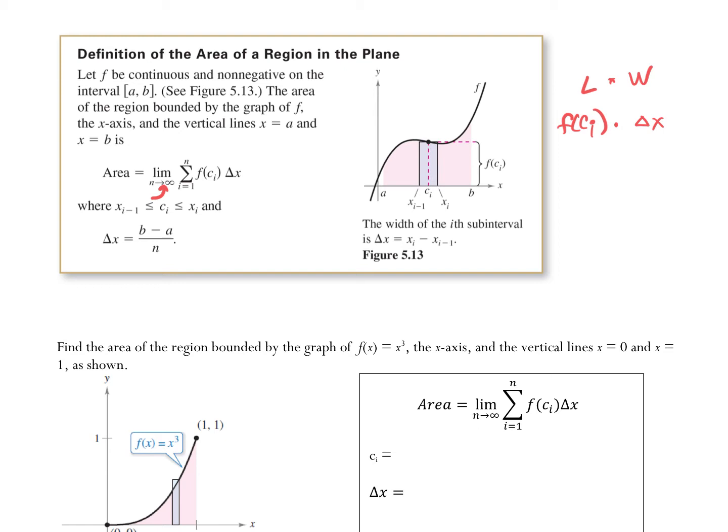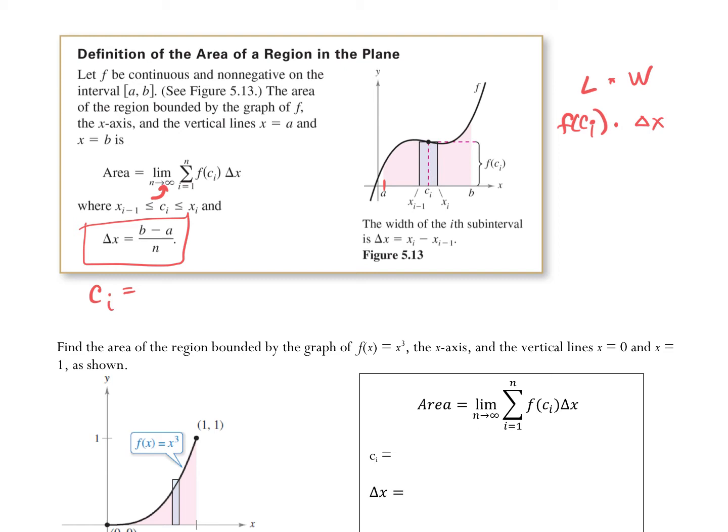Okay. So we can find delta x by doing b minus a over n. We kind of talked about that one yesterday. And that CI value is always going to equal, well, essentially we're going to take wherever we start and add delta x over and over and over again.